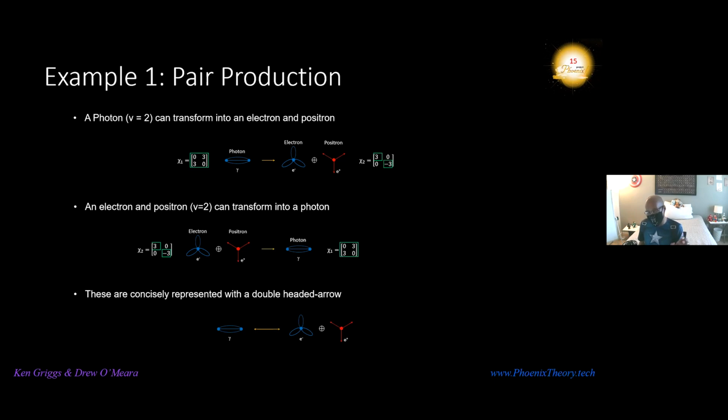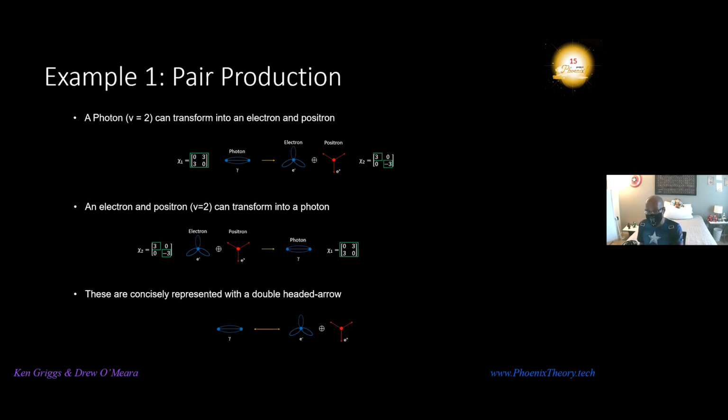But strangely enough, there's a transformation, what we call a similarity transformation, that will take that matrix representation and turn it into an electron and a positron, which is what we've been talking about all along in terms of the types of particle graphs that can spin off here.